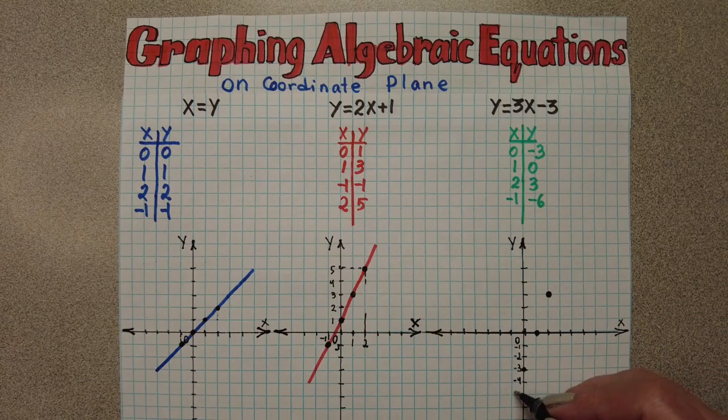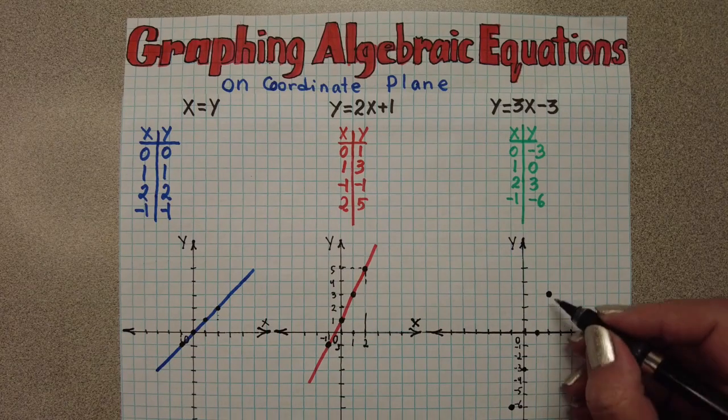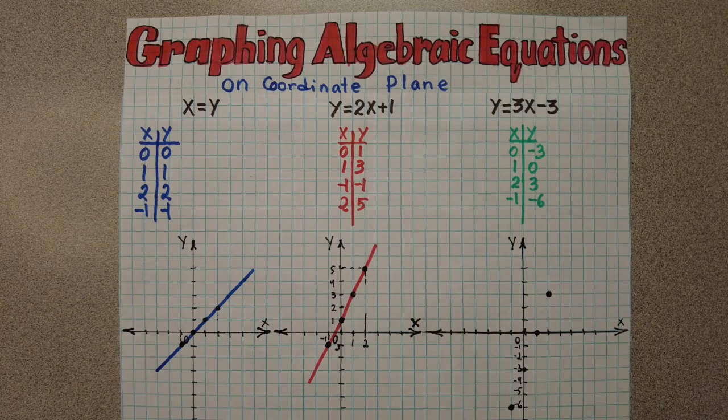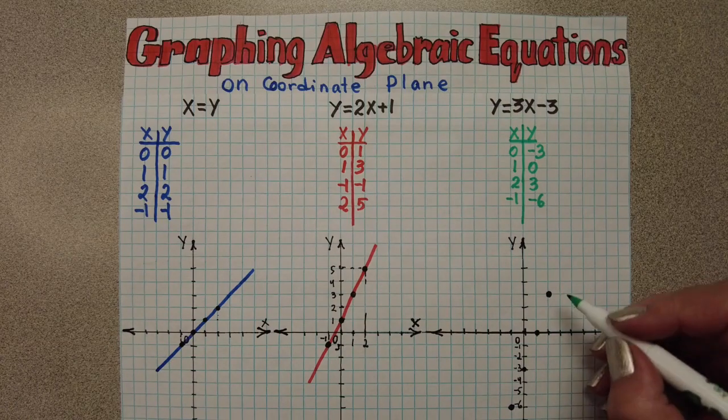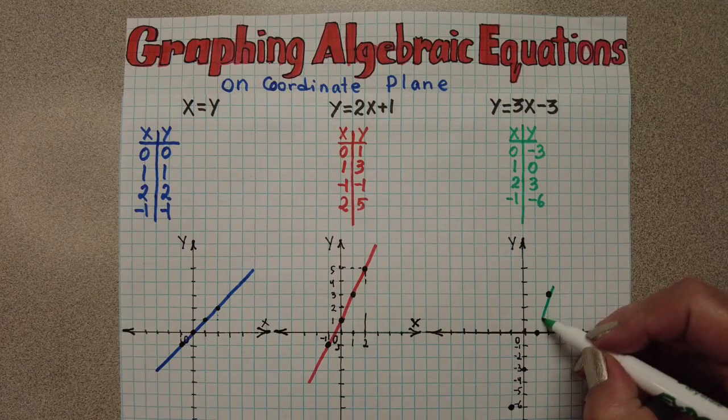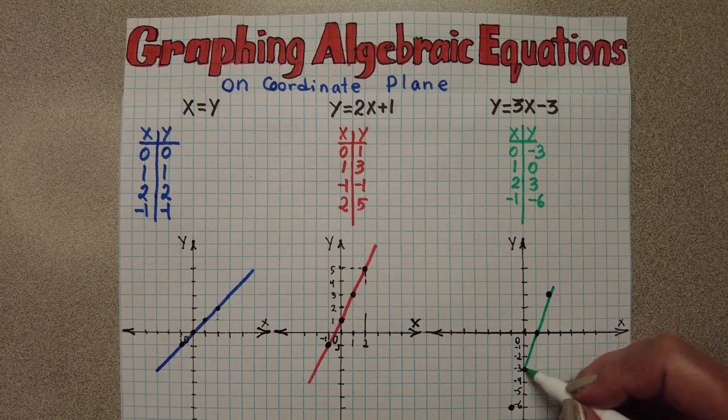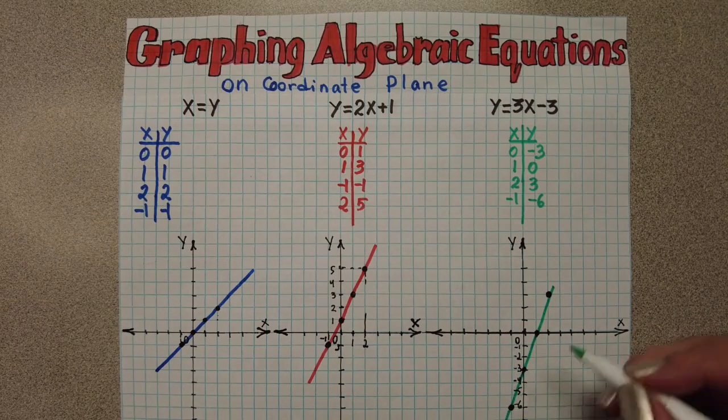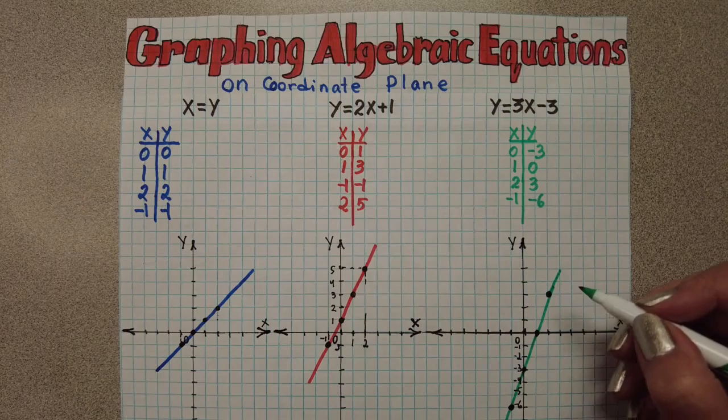This is negative 4, negative 5, negative 6. Okay, this point. So now we have our 4 points to graph our line, and our line will pass through these points. This is the last one we graph.